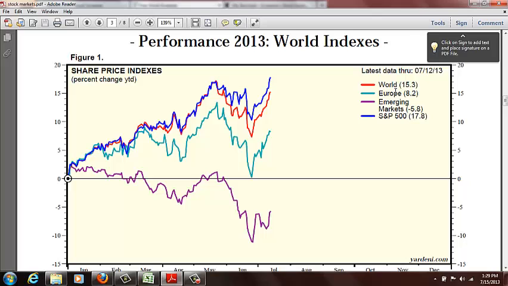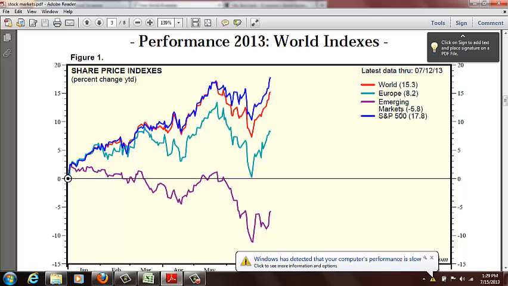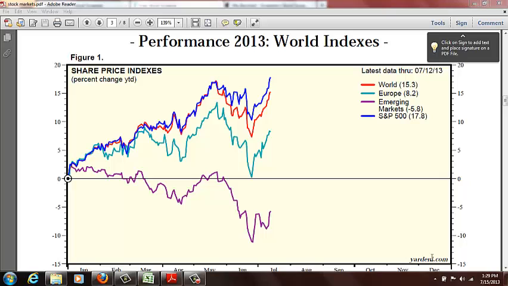In this case 15.3%, for example, Europe 8.2%, and emerging markets with a negative number of minus 5.8%. So far the best index in the world is the S&P 500 with a 17.8% return to this day. Okay, so that is why we invest in the stock market.